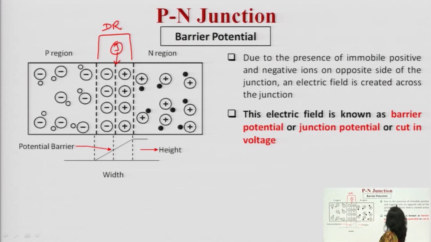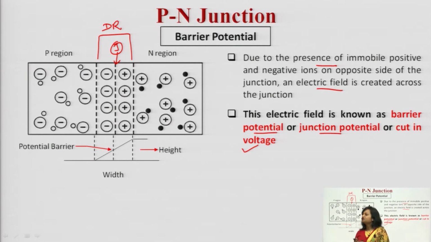So, here you can see due to the presence of immobile ions across this particular junction, an electric field is created, and this electric field is known as a barrier potential or junction potential, or it is also known as a cut-in voltage.